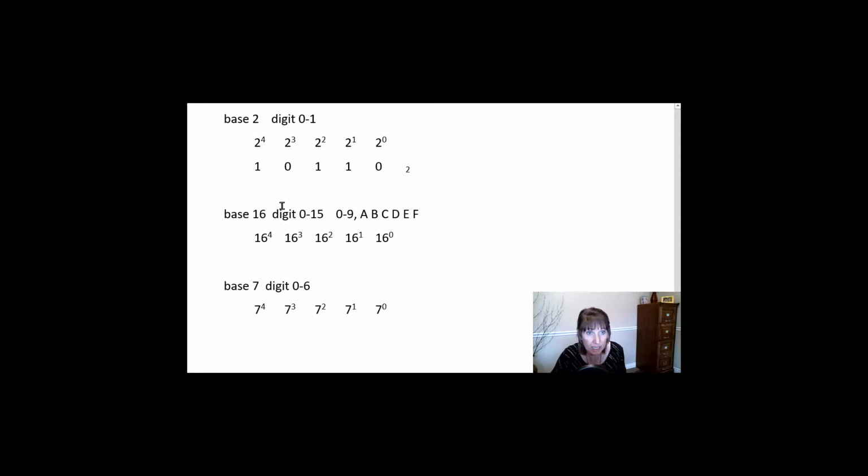This is 1 times 2 to the 4. Now, I'll write it out the first time, but after that I'm not going to, because it takes a long time to write when you can often do it in your head. So we have 1 times 2 to the 4th, and then you do the plus.